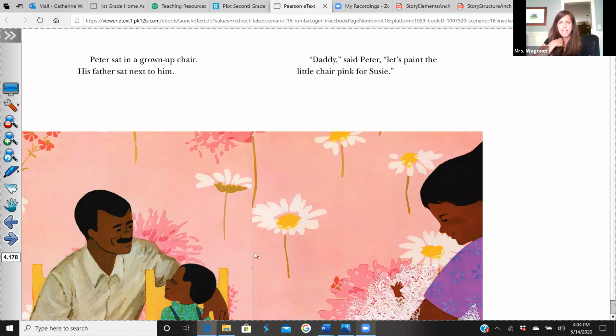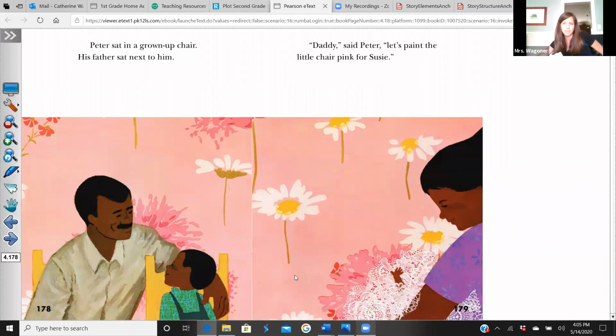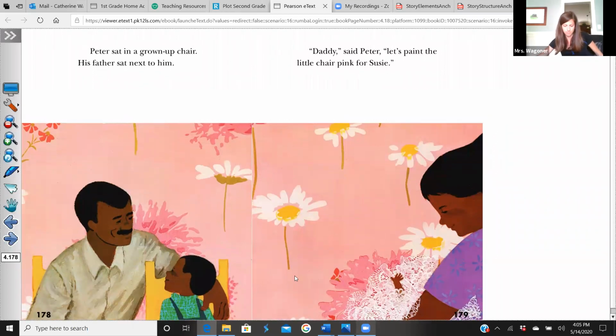What happens at the end of the story? What lesson do you think Peter has learned?